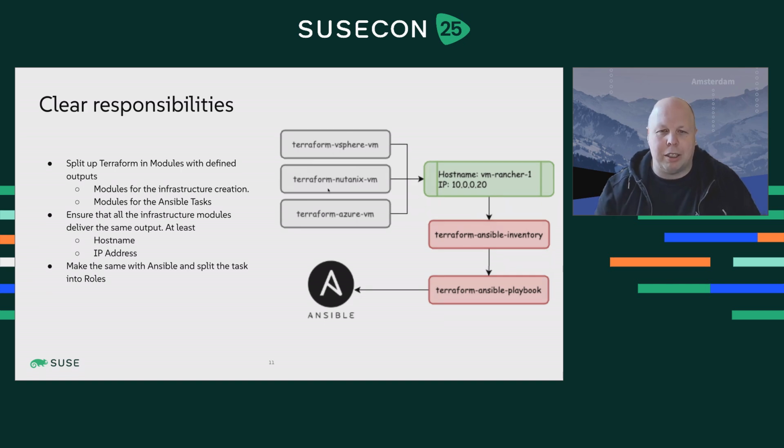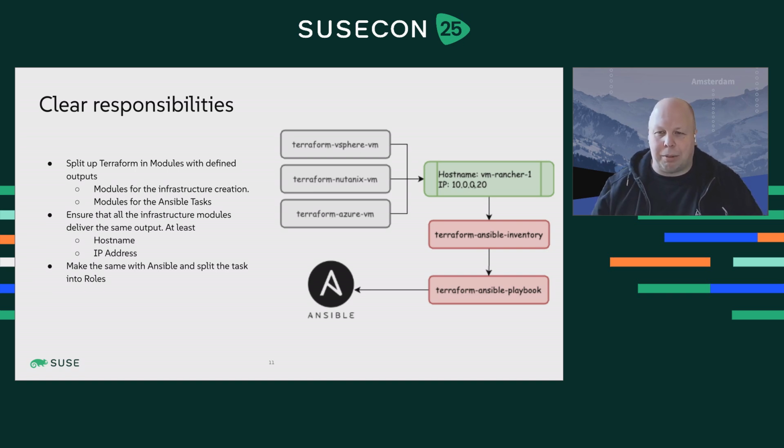So, for example, we rely normally on Cloud Config, which is supported by vSphere and by Nutanix. When we have other hyperscalers, we need to check what is usable, but most of the hyperscalers support Cloud Config, so we can use Cloud Config to give the initial configuration of the VM directly in the bootstrap process.